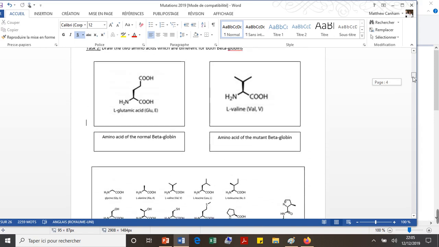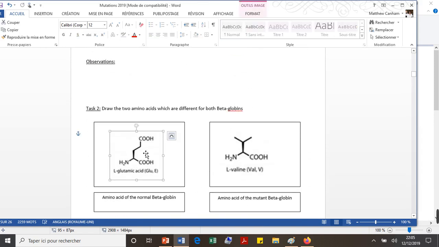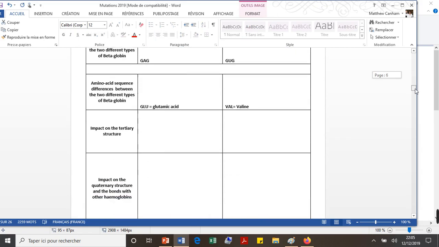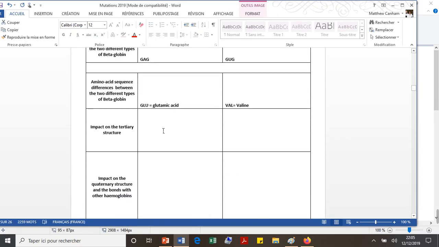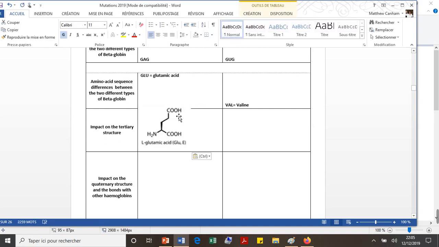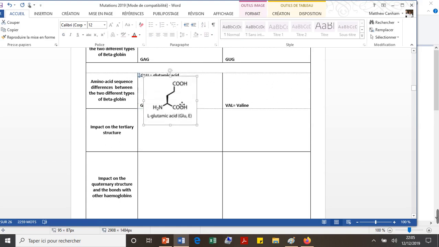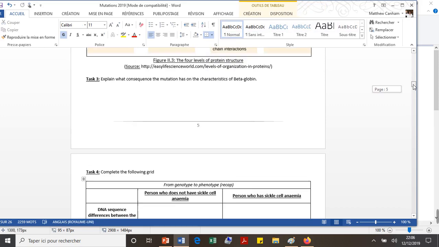So what we can do is add these to your final document. Glutamic acid and valine.